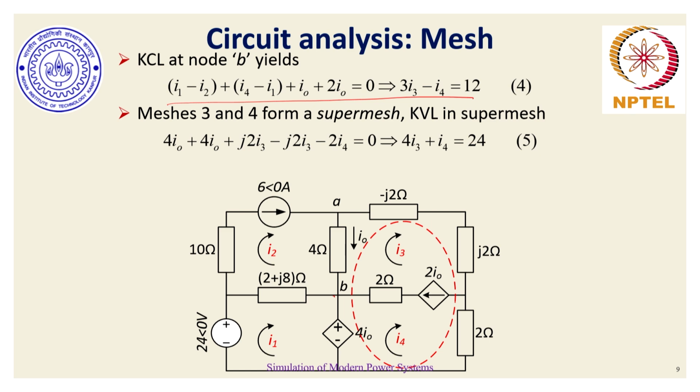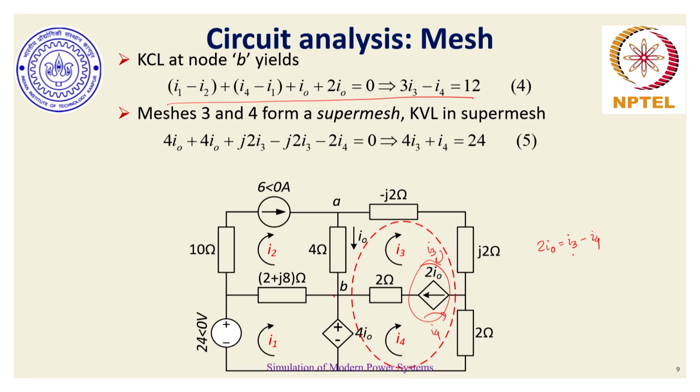Why is that? The reason why the I3 and I4 current meshes form a super mesh is because in between them there is a current dependent current source, which indicates that if I3 is the incoming current through this element and I4 is the outgoing current, since 2I0 is the current which is flowing through this current dependent current source, it has to be equal to the difference of I3 and I4.